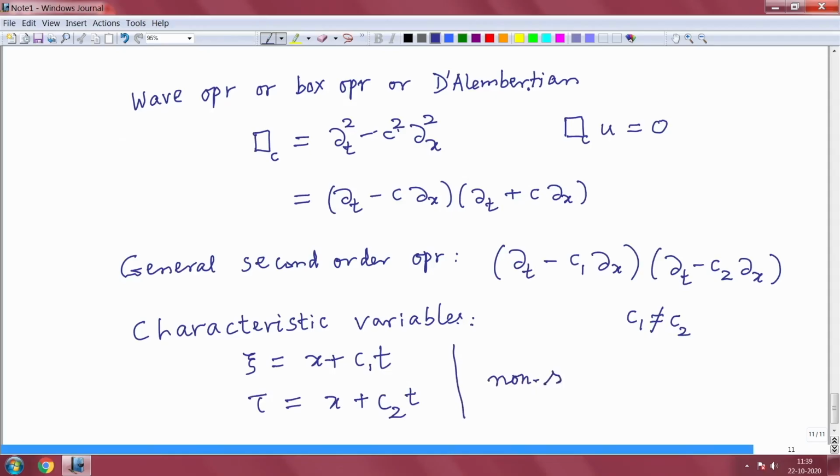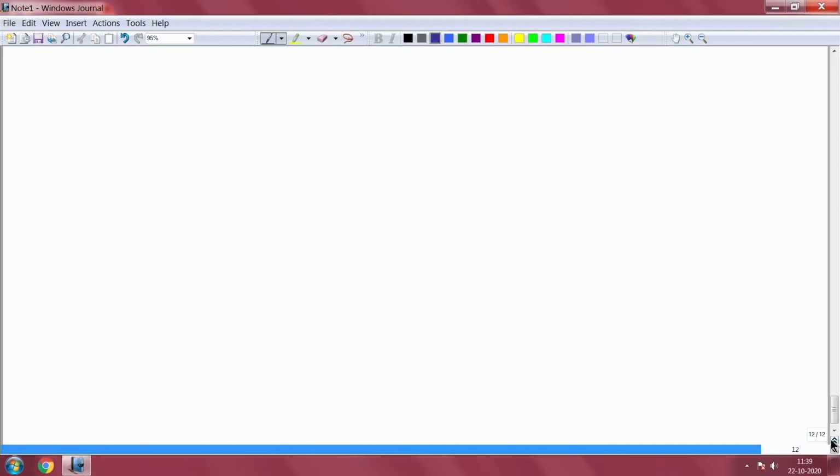So, that is important. Whenever you want to make a change of variables, first you have to verify that it is non singular. You can simply compute the Jacobian and verify yourself that it is non-zero, because C1 is different from C2. Okay. So, similar computation to what we did earlier.